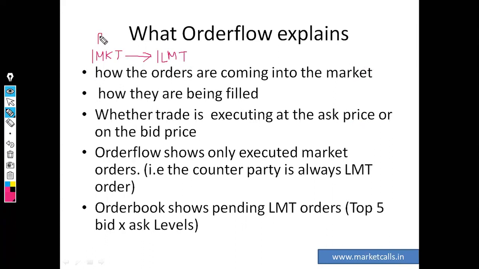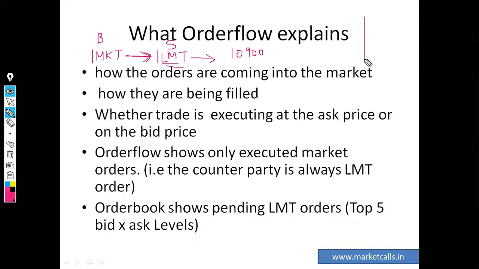If I am a buyer punching a market order, my counterparty is a seller who has placed a limit order at a certain price, right? Let's say Nifty is currently trading at 10,900. He is willing to sell it to me. When I am buying one lot at market, if I look into the order book, he might be on the top. So one limit order gets matched with one market order.